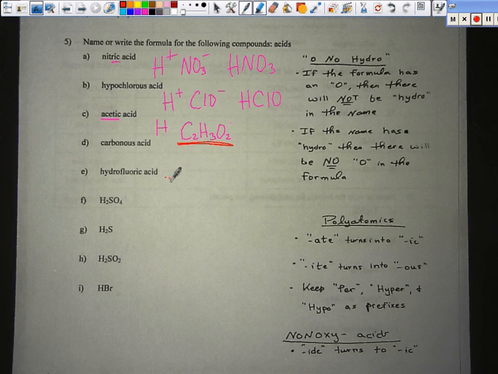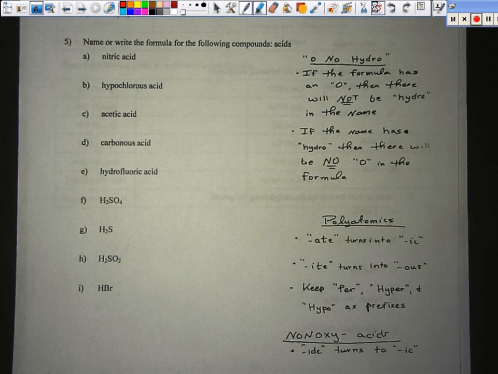Carbonous. Okay? I ate with ic, but I ate with ous. So this is carbonite. Is that right? Carbonic. No. Carbonate is CO3. So what is carbonite? All right, but be very careful. What is carbonite's charge? 2 negative. So this one's a little different.